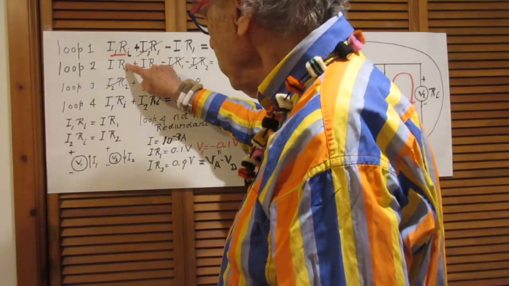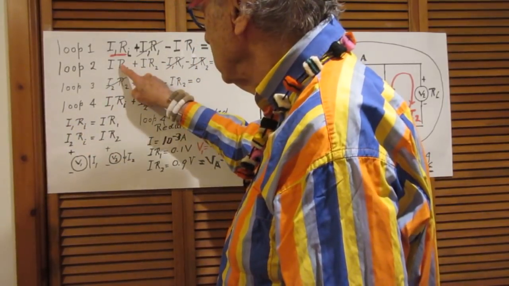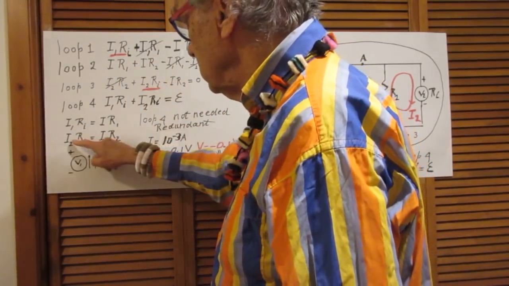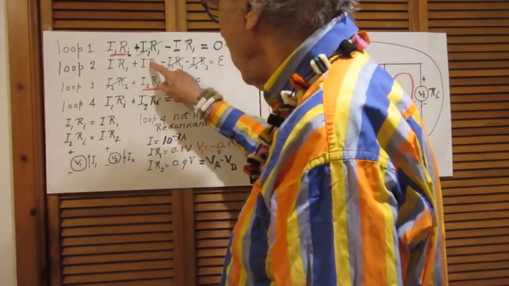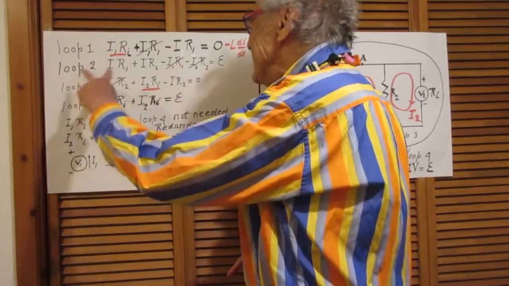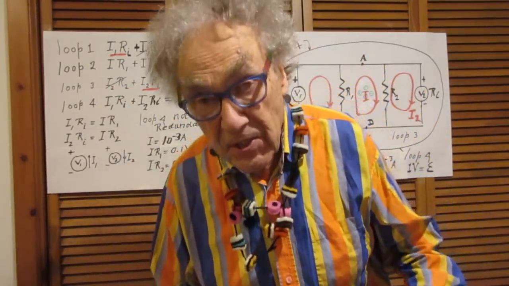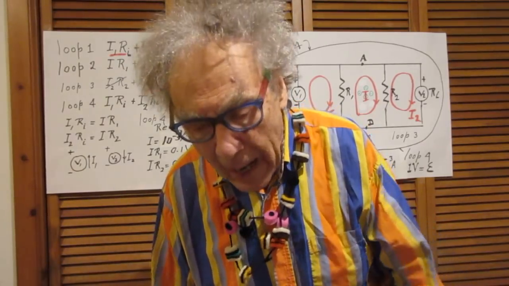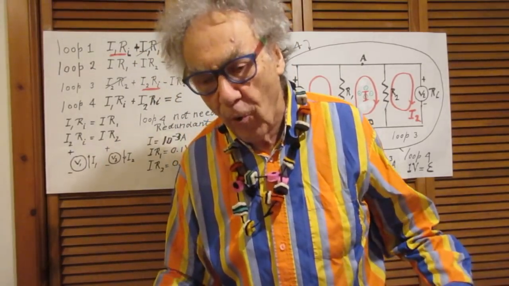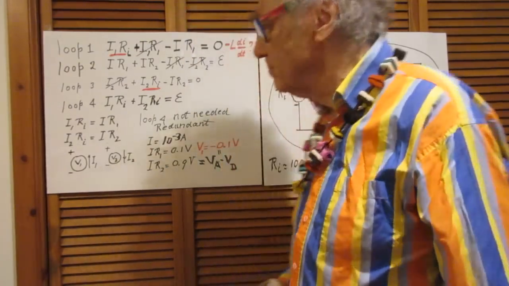So IR1 is the same as I1 R of I, and IR2 is the same as I2 R of I. Therefore, this equation is identical to that equation. Loop number 4 is redundant. I can leave loop number 4 out. I gain nothing when I add it.